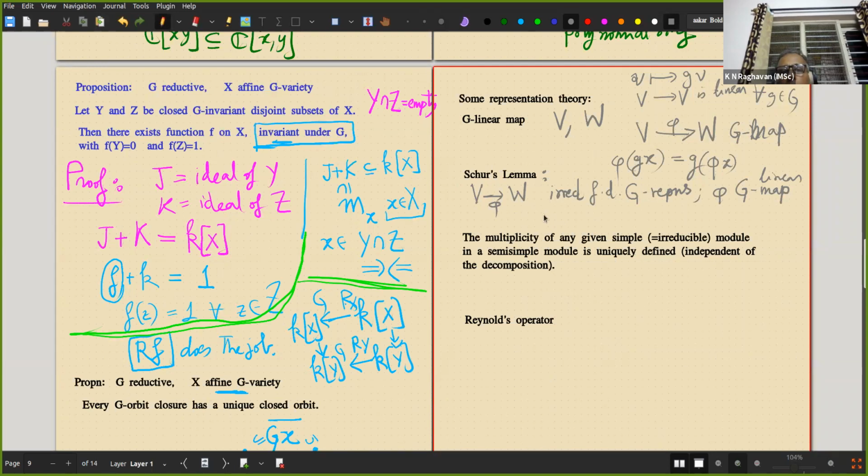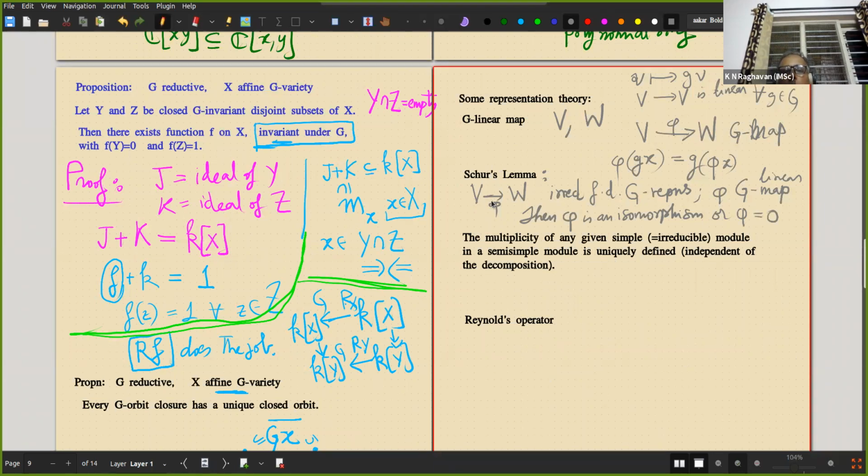Then φ is an isomorphism or φ is zero. Well, the proof is obvious. This being a G map, you can easily check that the image must be a G invariant space and the kernel must be a G invariant space.